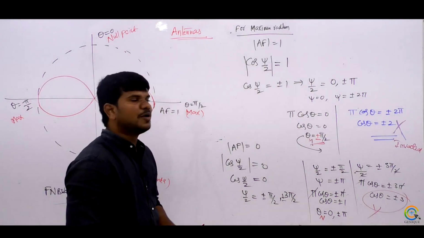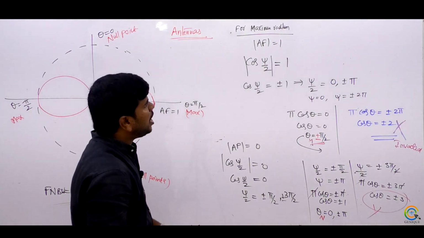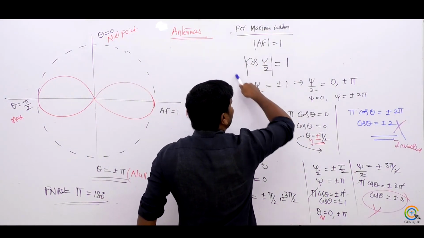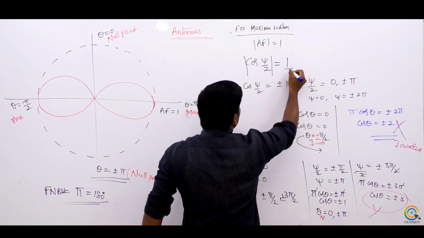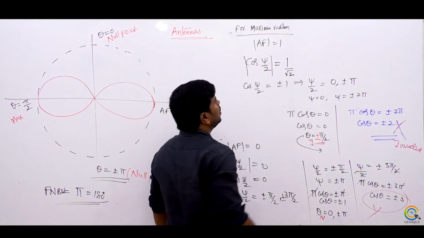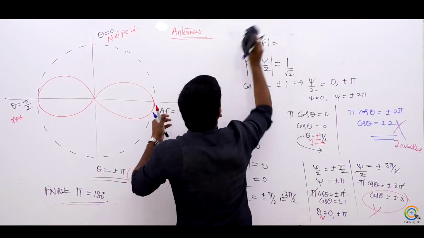Now how can we get the half power beam width? For finding half power beam width, the power should be half. For power to be half, this must be equal to 1 by root 2. So this square is equal to 1 by root 2. So array factor, this is for what? For half power beam width.